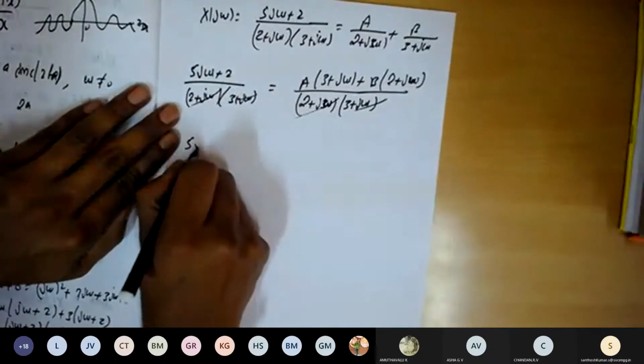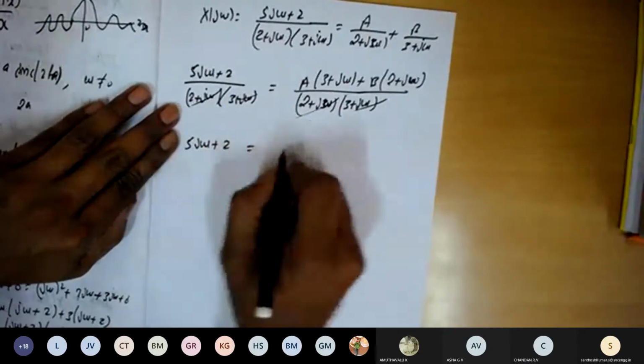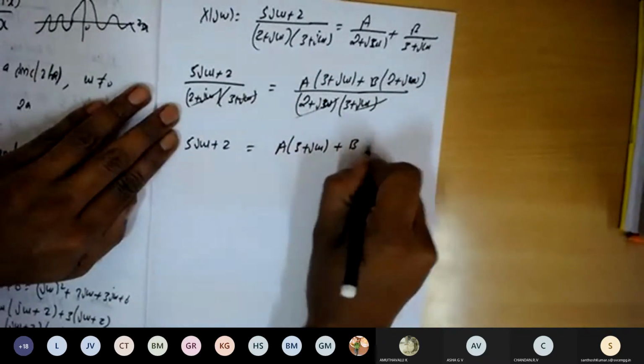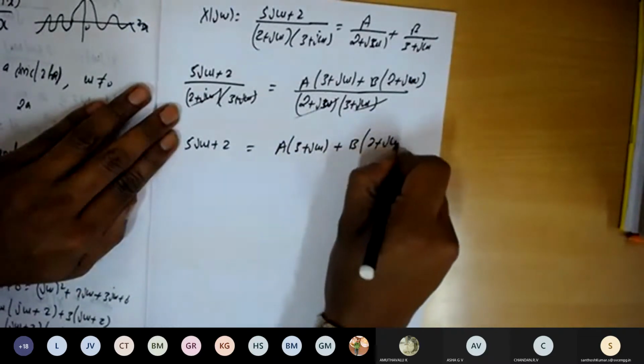So we have 5j omega plus 2 equal to a into (3 plus j omega) plus b into (2 plus j omega).